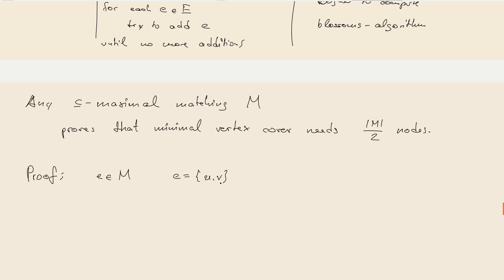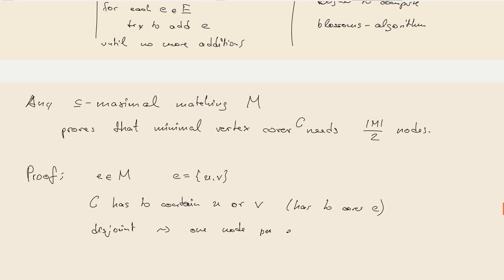In the vertex cover, let's call this C, C has to contain U or V, or maybe both, but at least one, because it has to cover E. Well, since all the edges are disjoint in a matching, we need one node per edge in the matching.